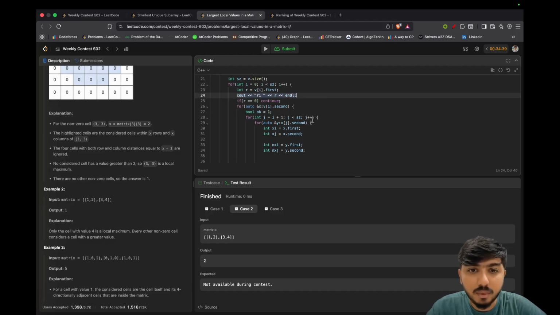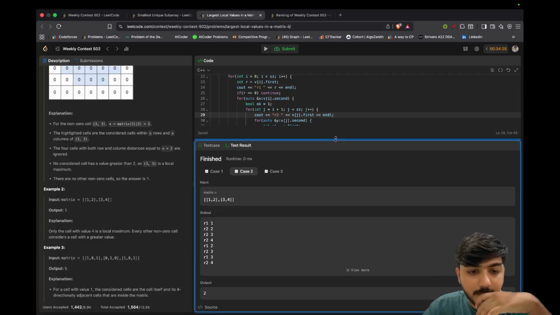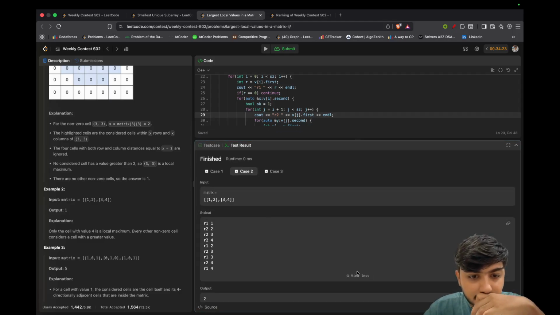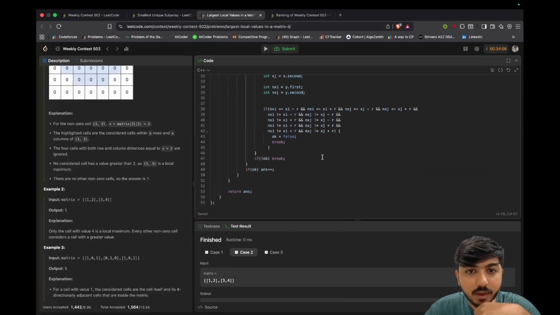And the second point we are looking at is r2, that is this first. 1 2 3 4, 2 3. Wait.